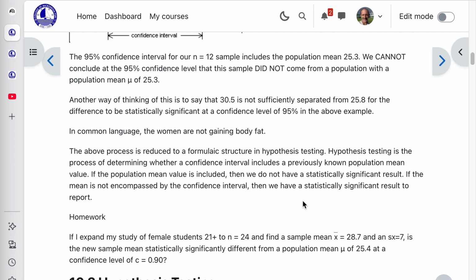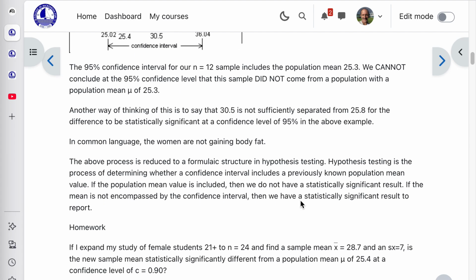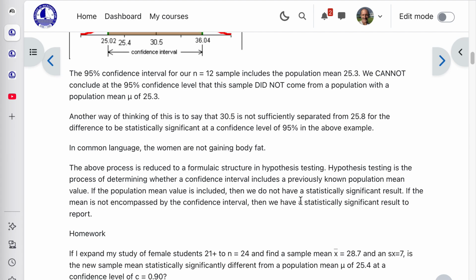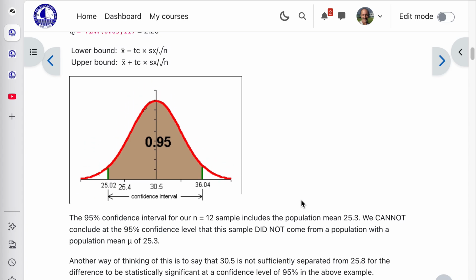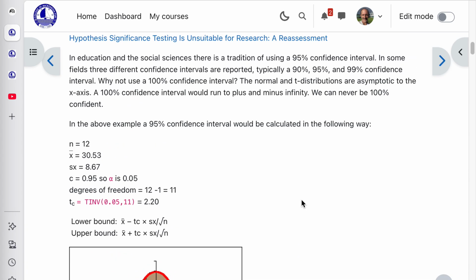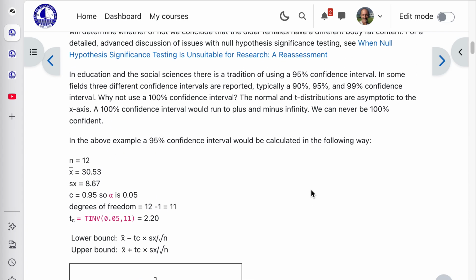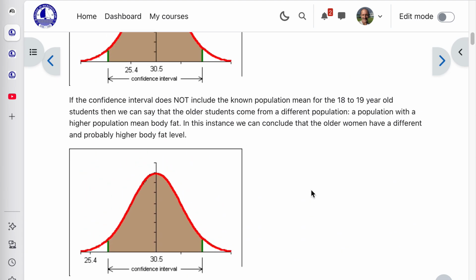They've moved away from using p-values and moved towards using confidence intervals to do hypothesis testing. And so that's been a more modern take on this situation.